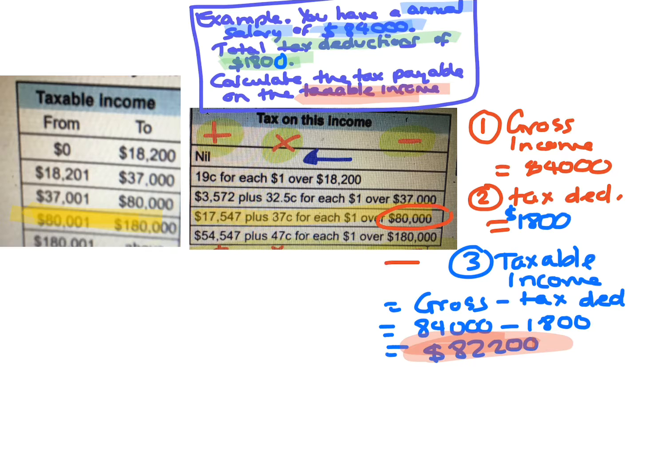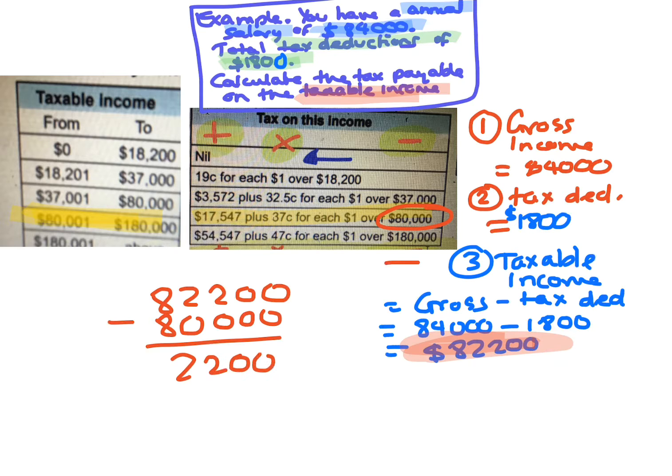You take away the last amount, which is 80,000, so 82,200 take away 80,000 gives you 2,200. And then you times by 0.37, because that's the one in the middle. It's in cents, so you put a decimal point in front. So 0.37 times 2,200 is $814.